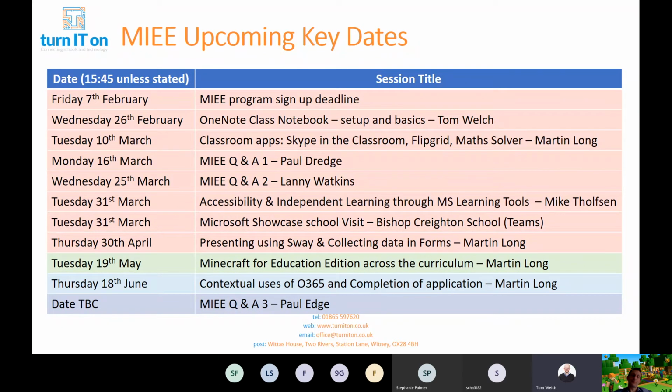So each of the parents pays, I think, £13 a month, and that gives the kids an 11-inch touchscreen device, insured, with antivirus and various other bits. Really mainly applicable to secondary, but some primaries are starting to think about potentially doing that with year sixes. So that's quite interesting.